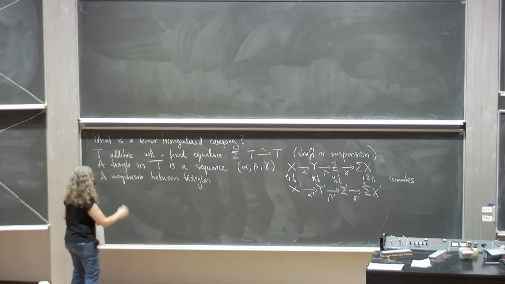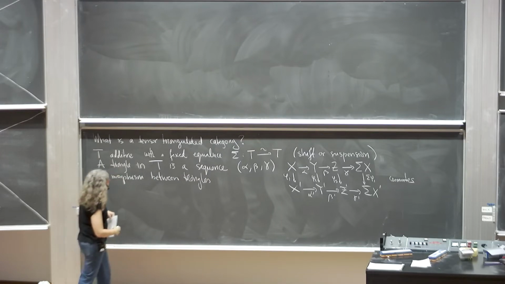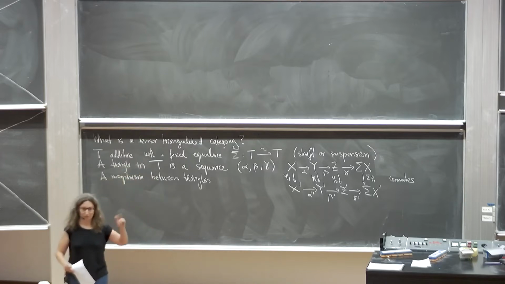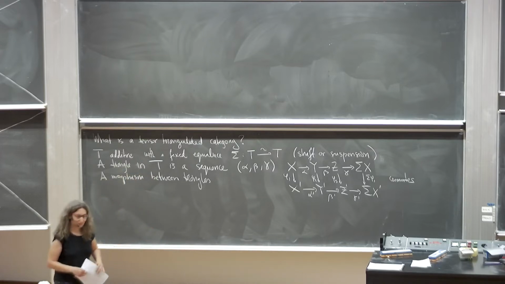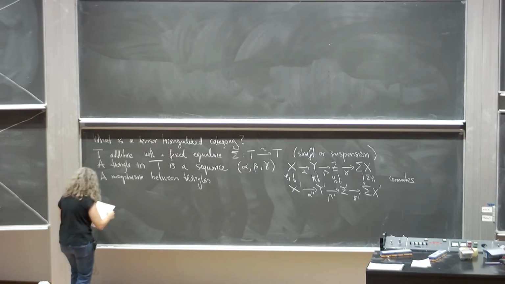So we have a notion of a triangle and a morphism between triangles. You can also decide when two triangles are isomorphic, when you have maps in both directions giving the identity. And now you can define what a triangulated category is.